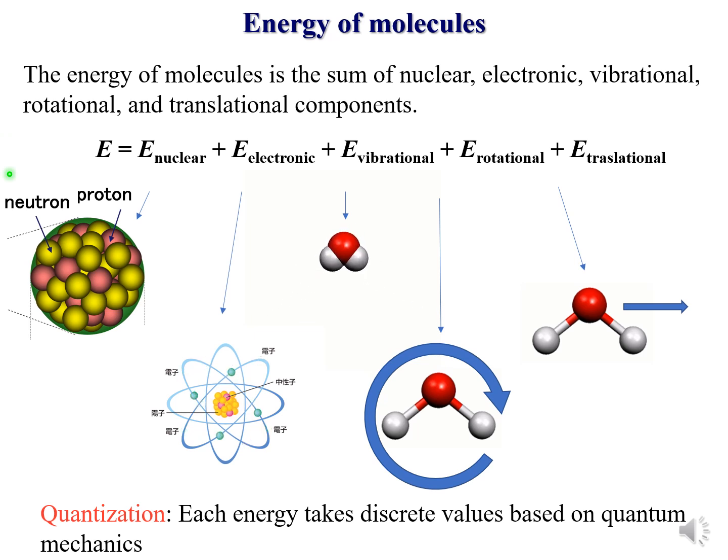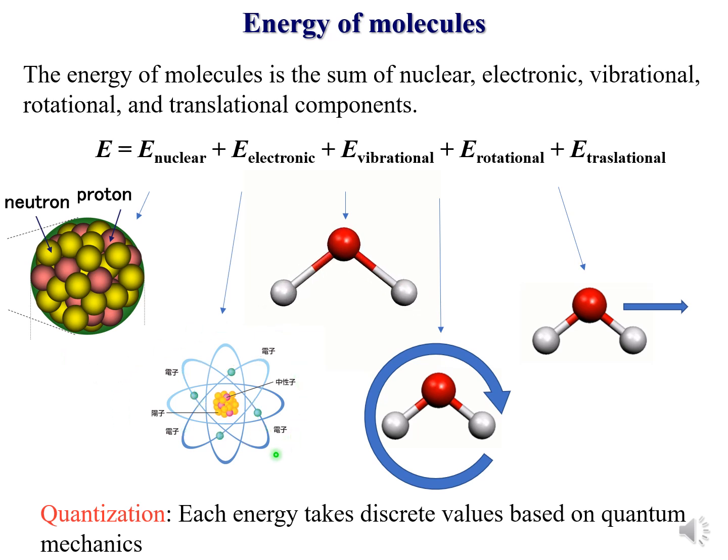Next, let us consider the interaction between the energy of molecules and electromagnetic waves. The energy of a molecule can be expressed as the sum of the nuclear, electronic, vibrational, rotational, and translational components. Nuclear energy is a large amount of energy generated by the division or fusion of atomic nuclei.